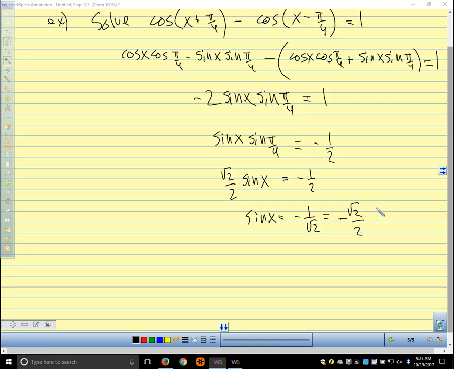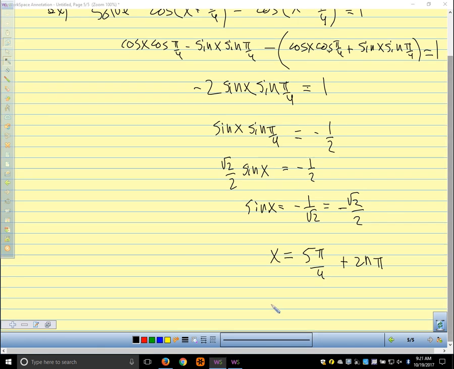And now we're back to the kind of equation that we've looked at before. Now we're looking at the unit circle, and we say, where does sine x equal negative square root of 2 over 2? X equals 5 pi over 4 plus 2n pi.